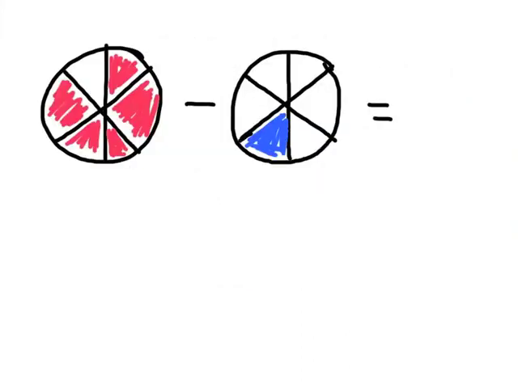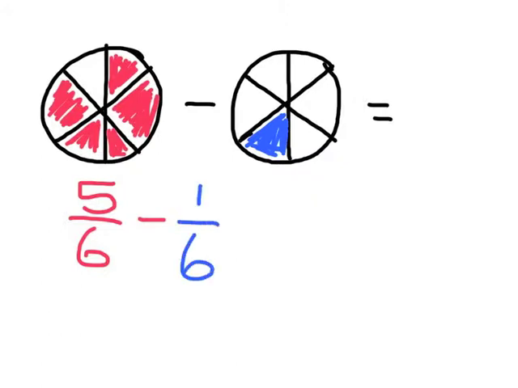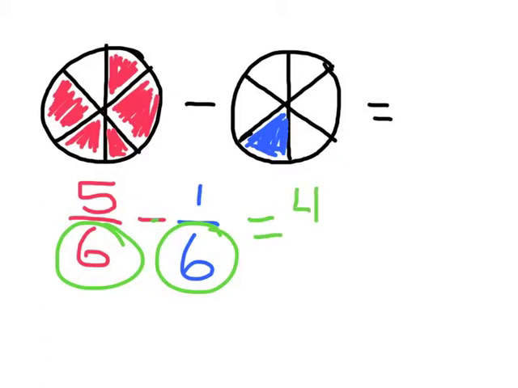Here we have a fraction problem. We have 1, 2, 3, 4, 5 out of 6 minus 1/6. This problem's pretty easy because the denominators are the same. We have 5 minus 1 is 4, and the 6's, we don't subtract those.